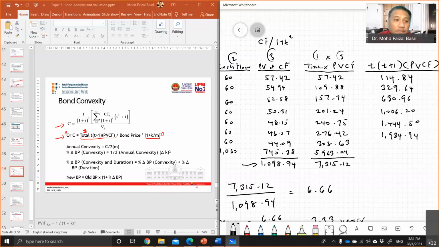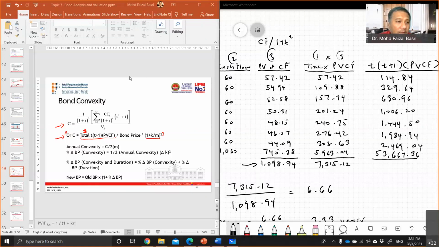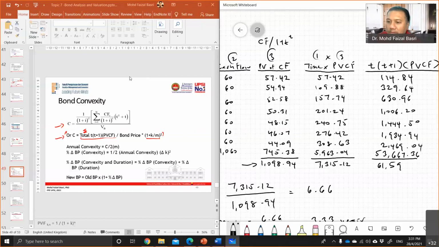And 2469.04. This one 53,667. So the subtotal is about 61,597.51.